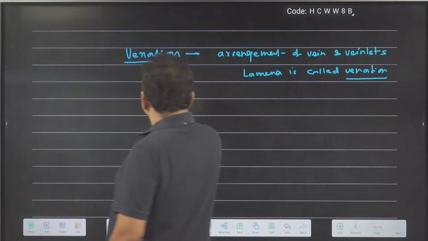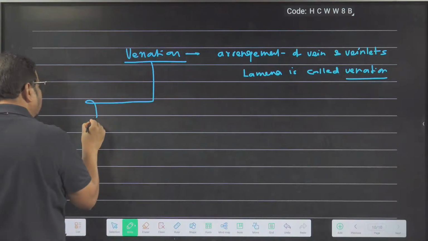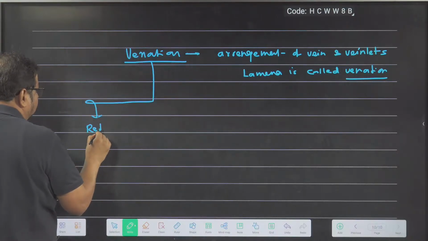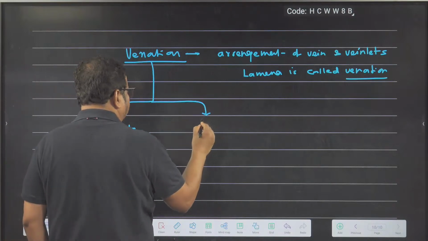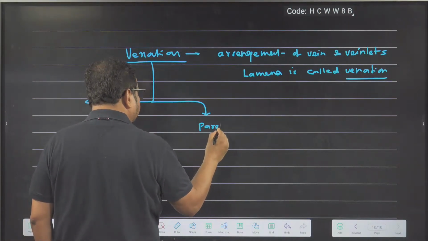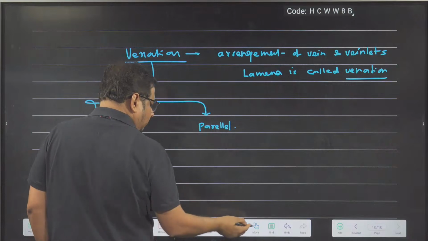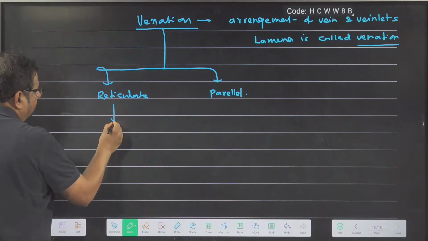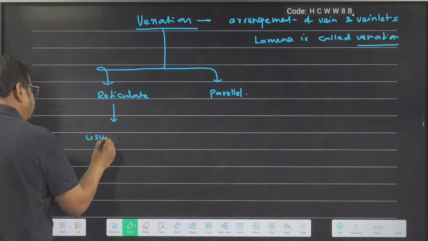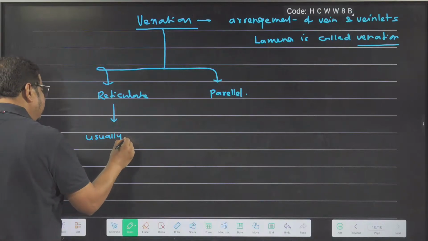So it is of two types. One is reticulate and another one is parallel. So if we talk about reticulate venation, usually in dicot.